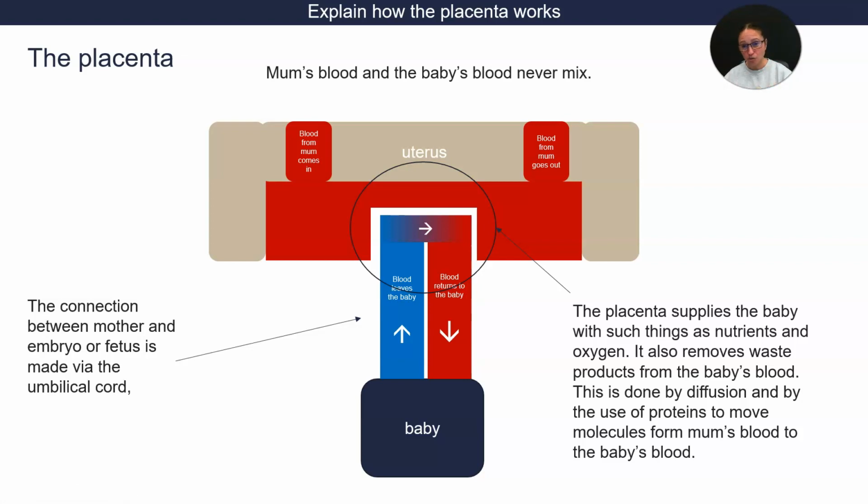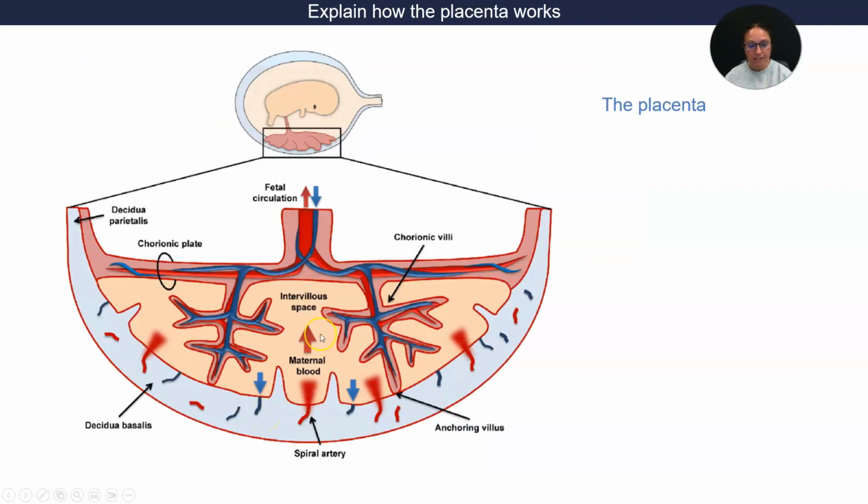So in your tutorial, you're going to do an activity about what crosses and what doesn't cross the placenta. But just for now, just understand how things move, and mum and baby's blood never ever mix. Okay? There is a very, very tightly controlled mechanism by which we get things from mum's blood to the baby's blood and vice versa.